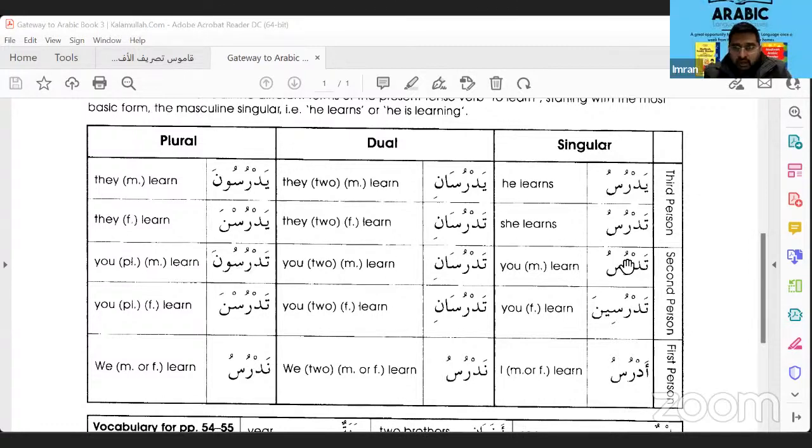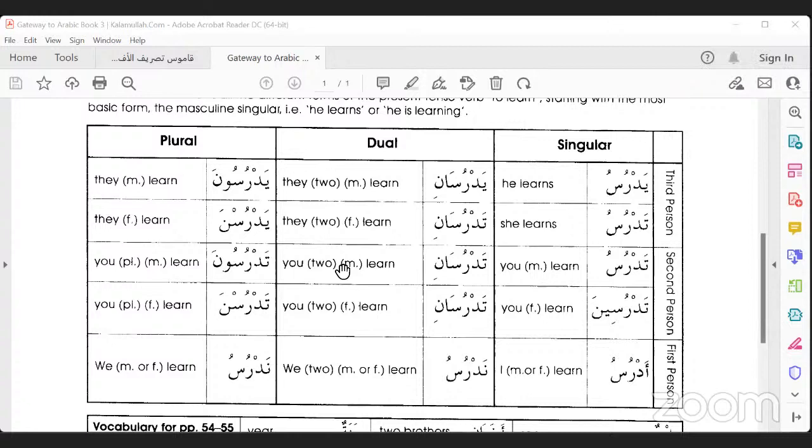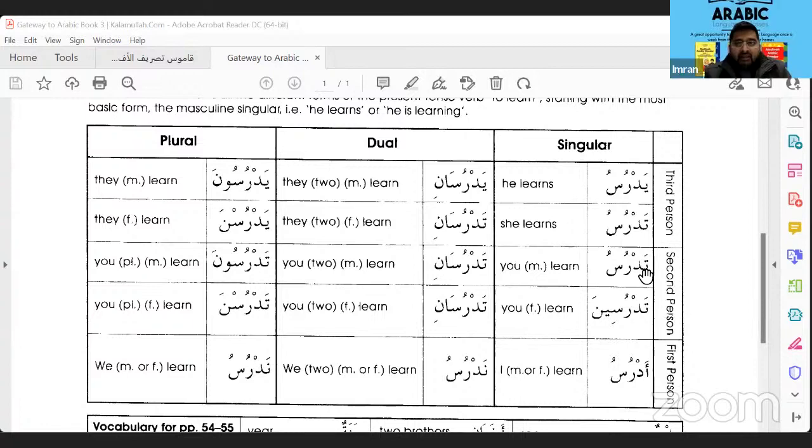What's the difference between here, tadrusu and tadrusani and tadrusuna, and the previous ones for the third person? Because the previous ones have ya and these have ta. Excellent. So tadrusu, you one male learn, and she female learns, are exactly the same.